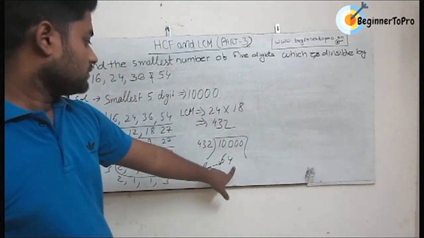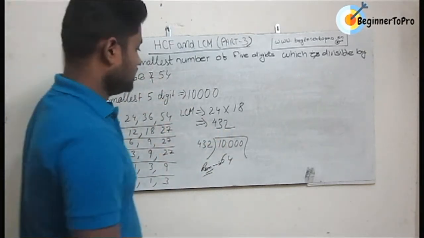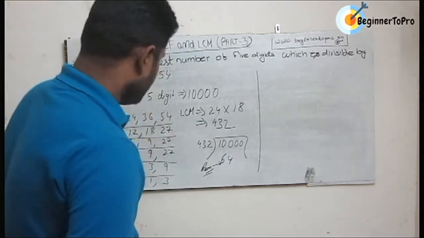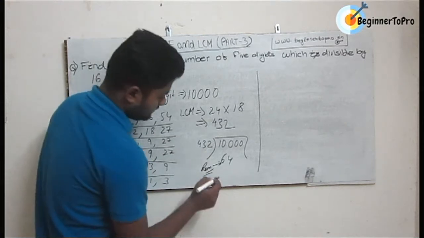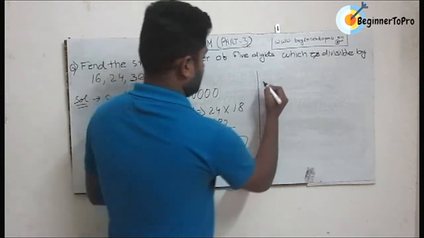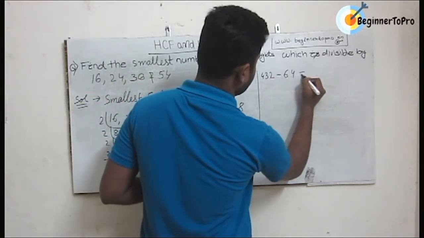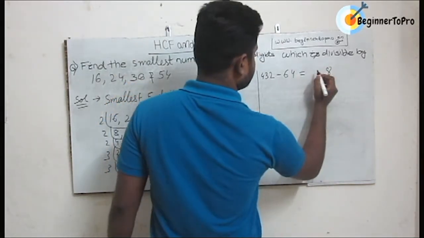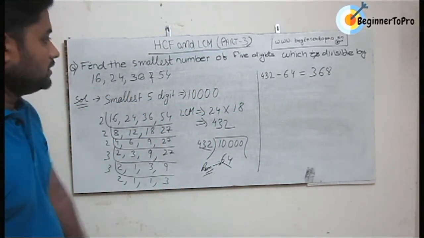Till here the process is the same as the previous question, but from here the process will change. In this type of question, we will find the difference of the divisor and the remainder, that is 432 minus 64, which is 368.